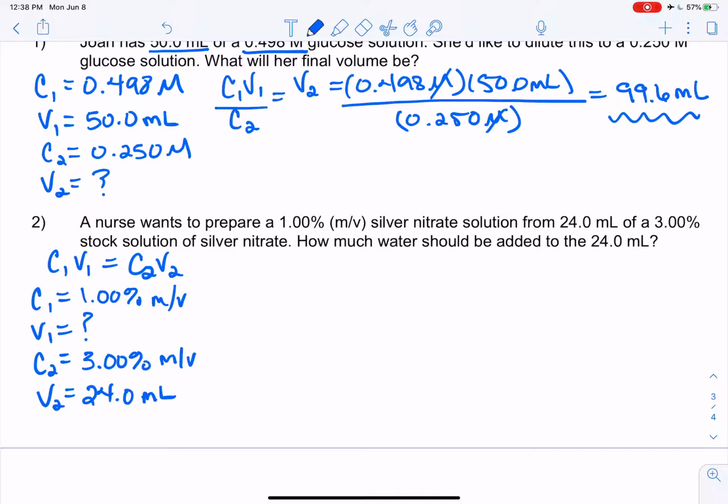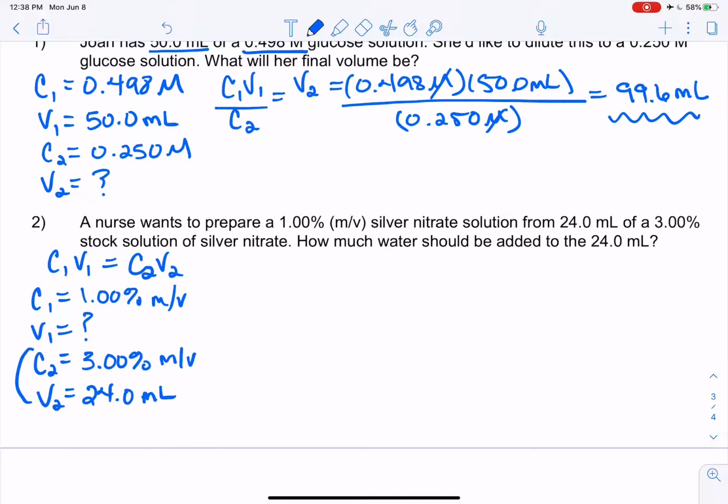That will be fine as long as you keep the correct sets together. So you have 24 milliliters of your 3% M over V solution. So you have to keep those as a set together and not mix them up.